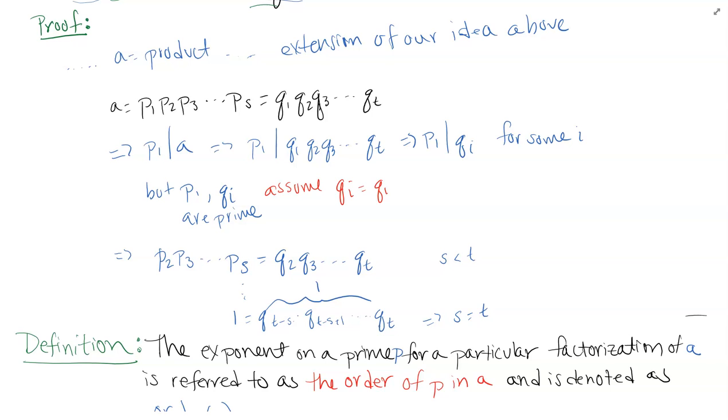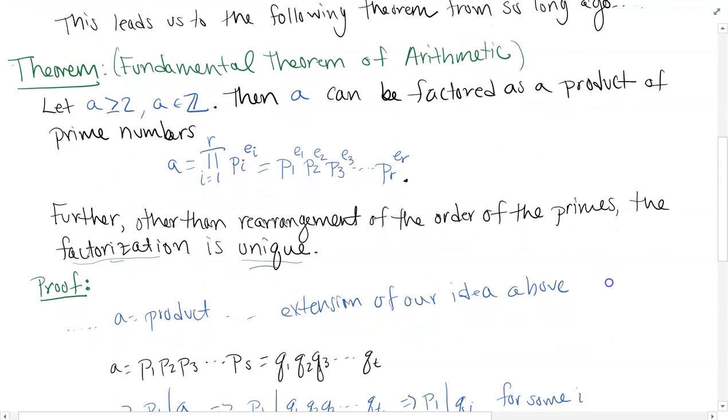And then your factorizations are unique up to rearrangement. All right, so that is our proof of the fundamental theorem of arithmetic.